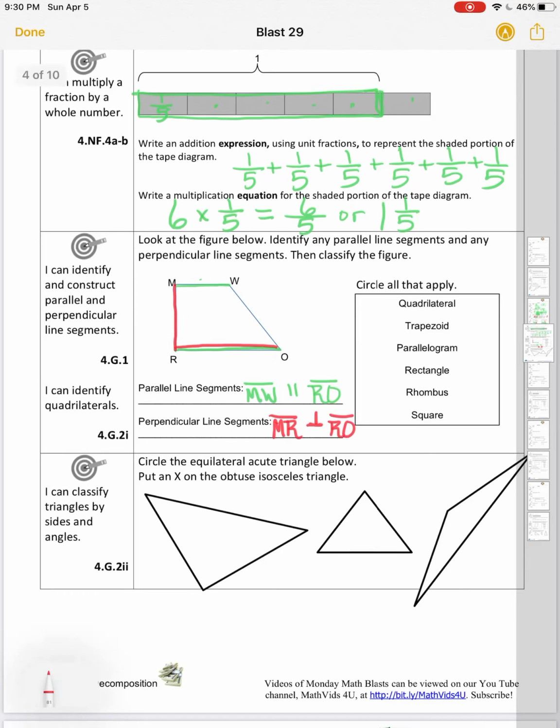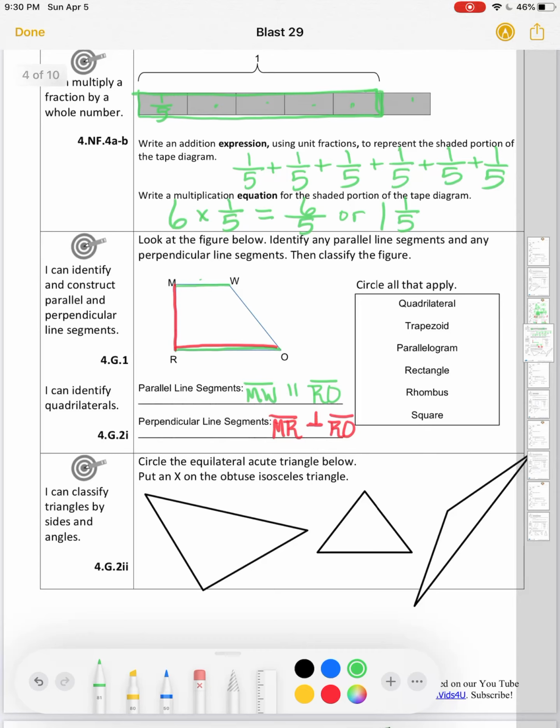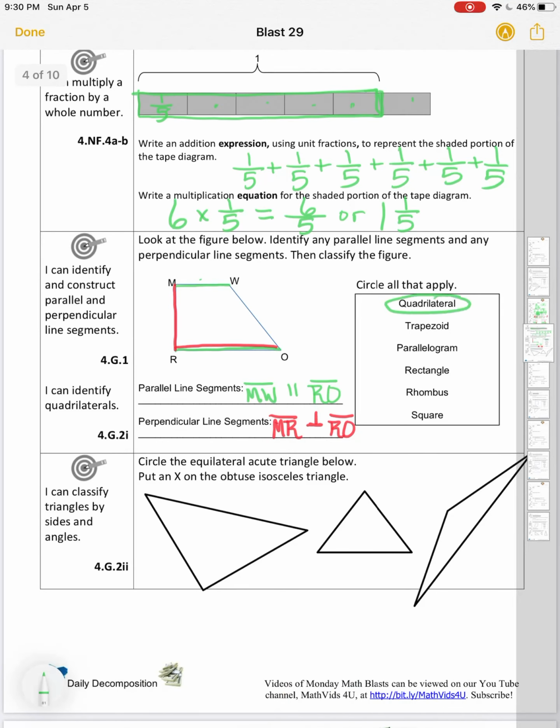So we can see that it is a quadrilateral because it is a 4-sided figure. A trapezoid is a quadrilateral that has at least one pair of parallel sides, and we did see that it has a set of parallel sides. NW was parallel to RO. A parallelogram is a quadrilateral that has two pairs of parallel sides.